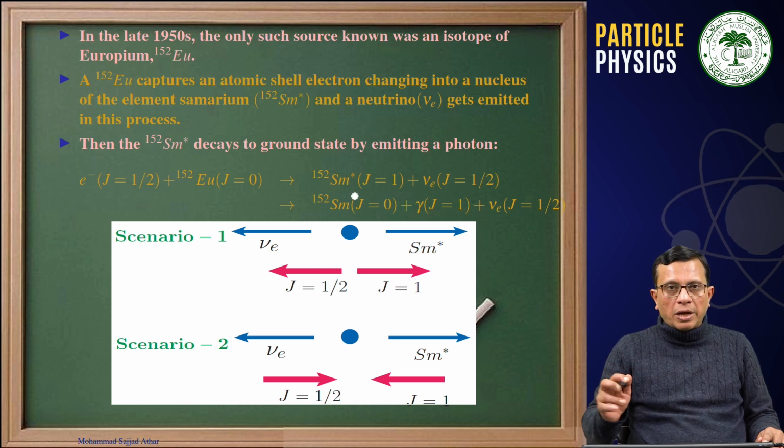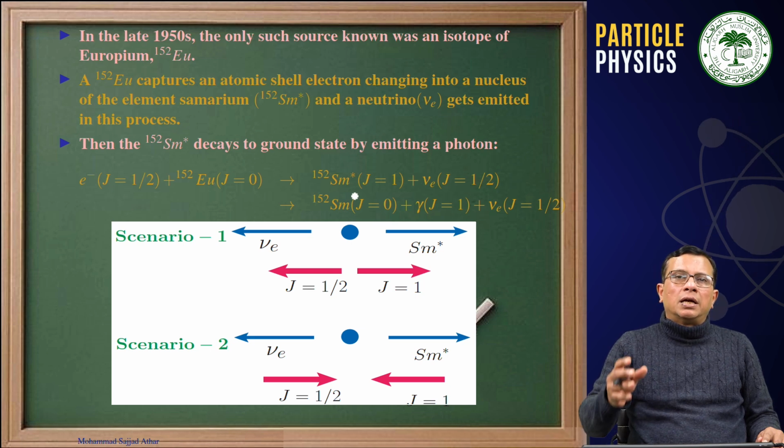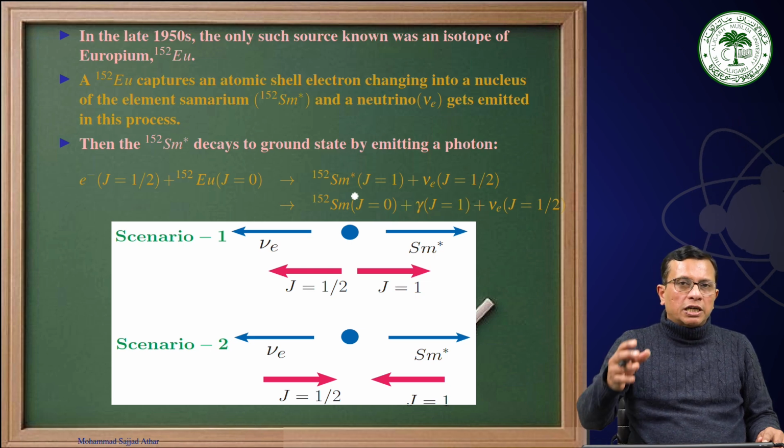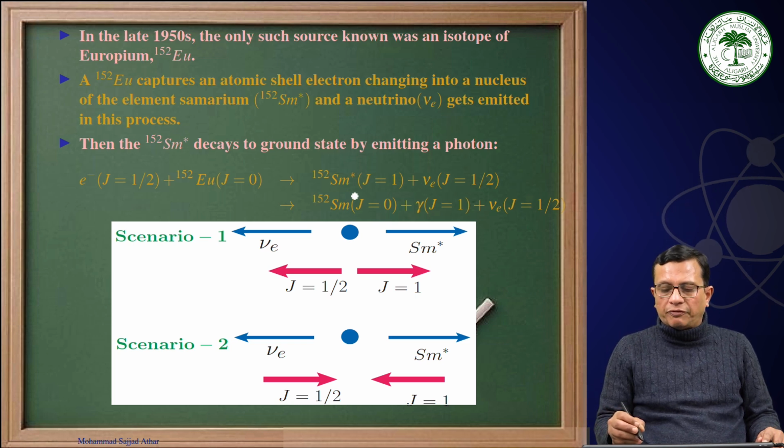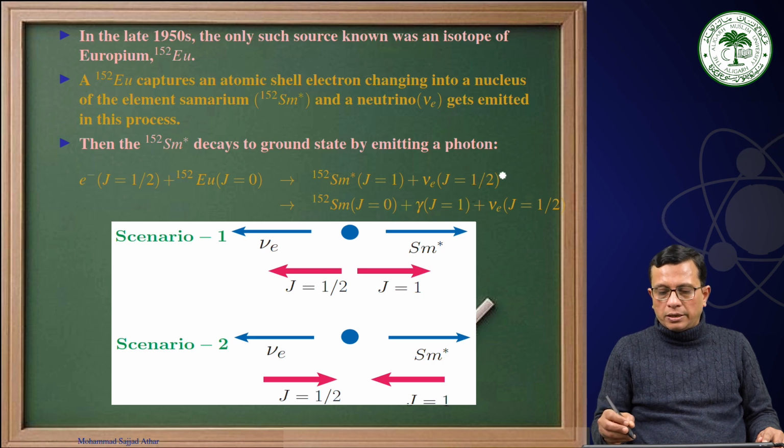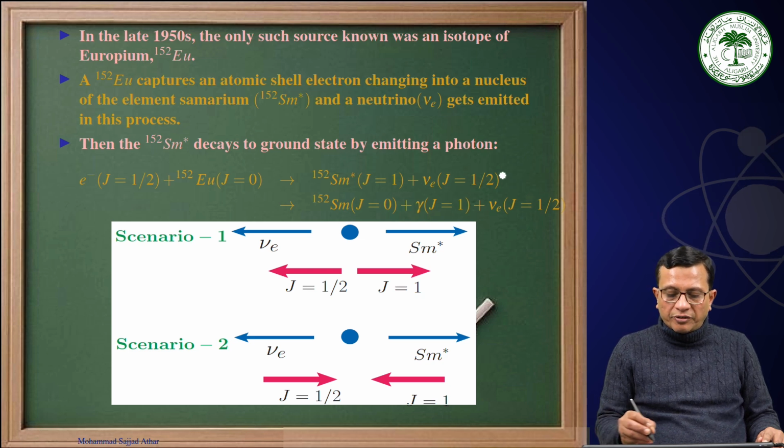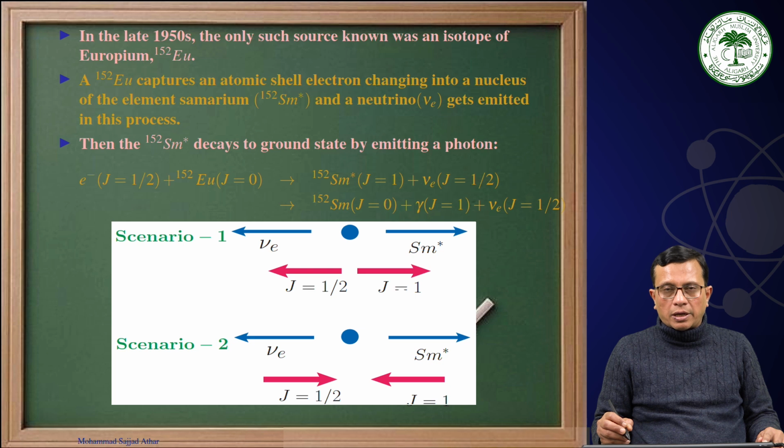As it moves forward, it goes to the ground state and it transfers its momentum and also its angular momentum to the photon. Therefore, now the photon is moving in the forward direction with an angular momentum 1, and the neutrino had J equal to half.